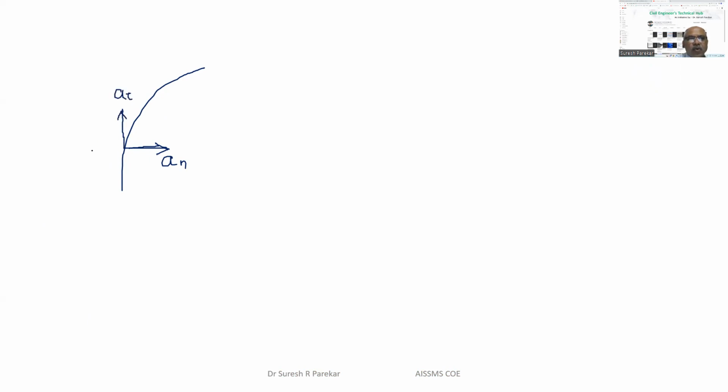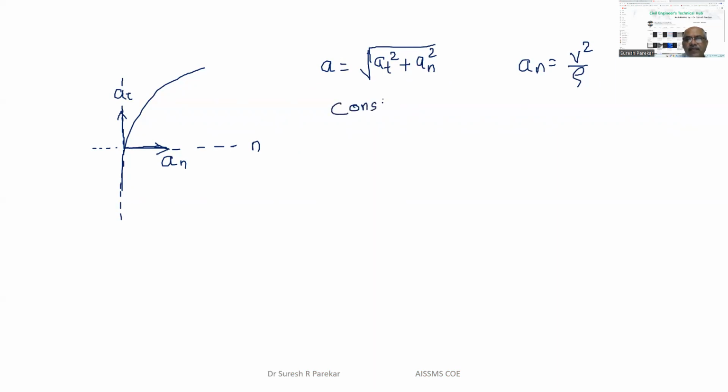In this we have two axes, one normal and another tangential. Then the total acceleration is root of AT square plus AN square. Now AN is equal to V square by rho. For AT, we have different values, as we have seen for constant acceleration.